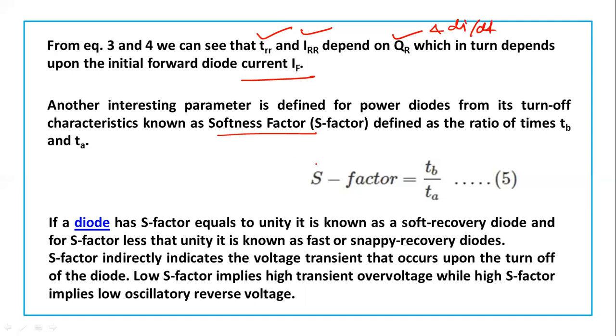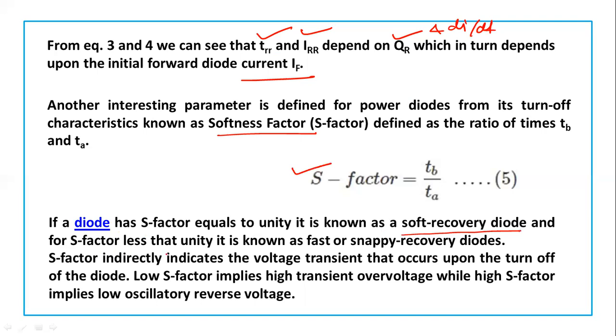Now another important factor is the S factor, which is given by TB by TA. TB is the time taken for charge from the semiconductor region to be removed, and TA is the time taken for charge from the drift or depletion region to be removed. In the data sheet you might have seen the S factor, that is the softness factor. If a diode has S factor equal to unity, it is called a soft recovery diode.